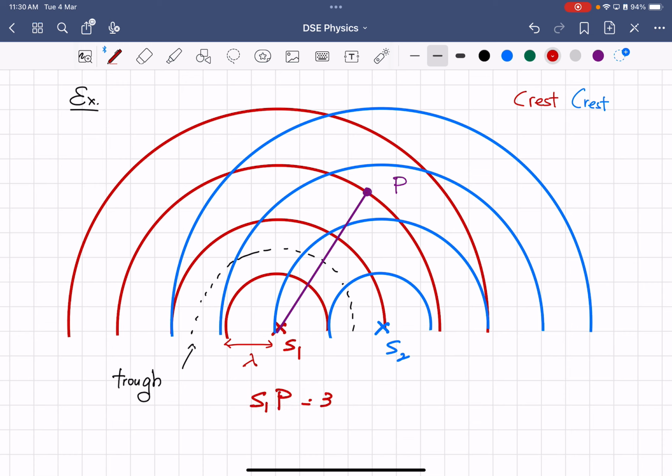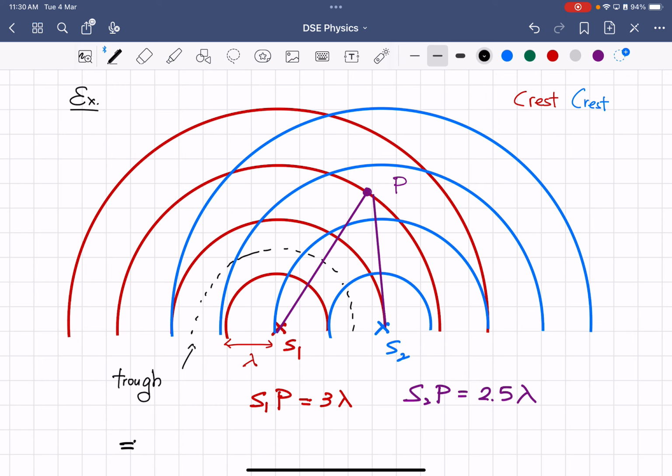So S1P equals 3 wavelengths. And S2P equals 1 wavelength, 2 wavelengths, and a half. So S2P equals 2.5 wavelengths.